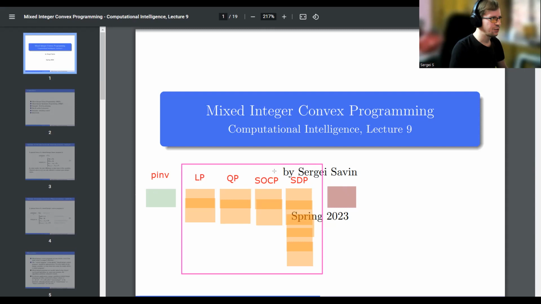Remember, we studied linear algebra, and we're now going to study something more of a general nonlinear optimization, right? But it is intimately related to convex optimization. It uses convex optimization tools, and usually the same people who are interested in convex optimization use mixed integer. So there's an intimate relation between the two.